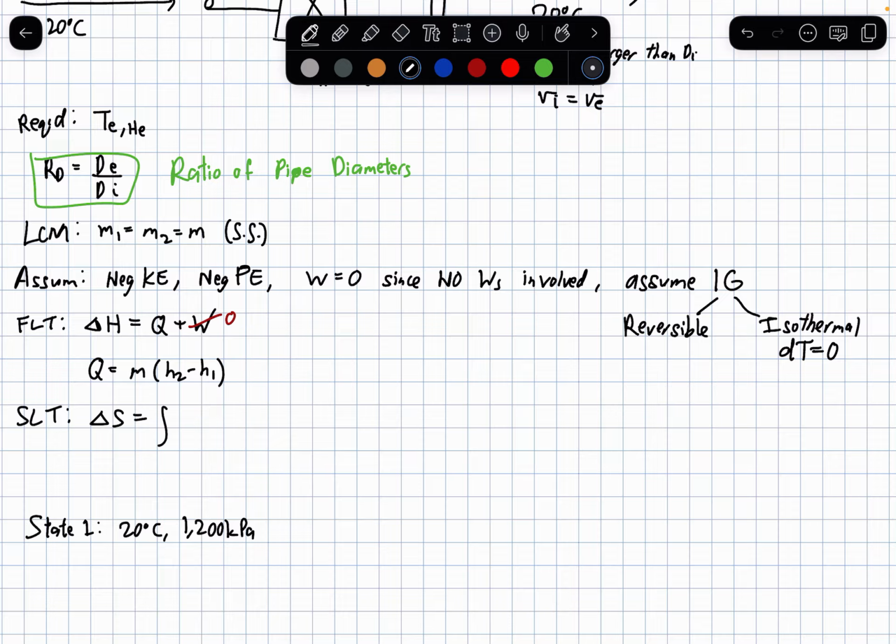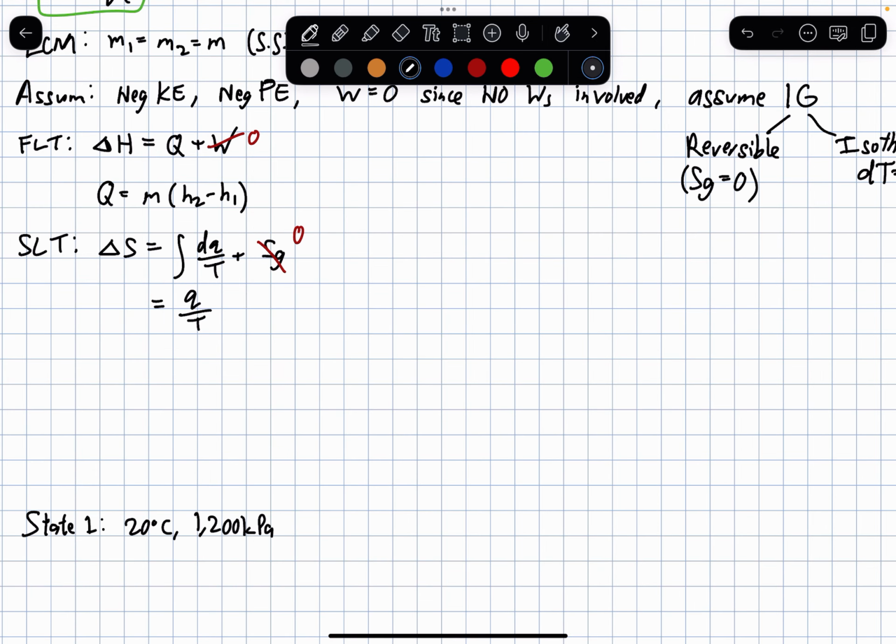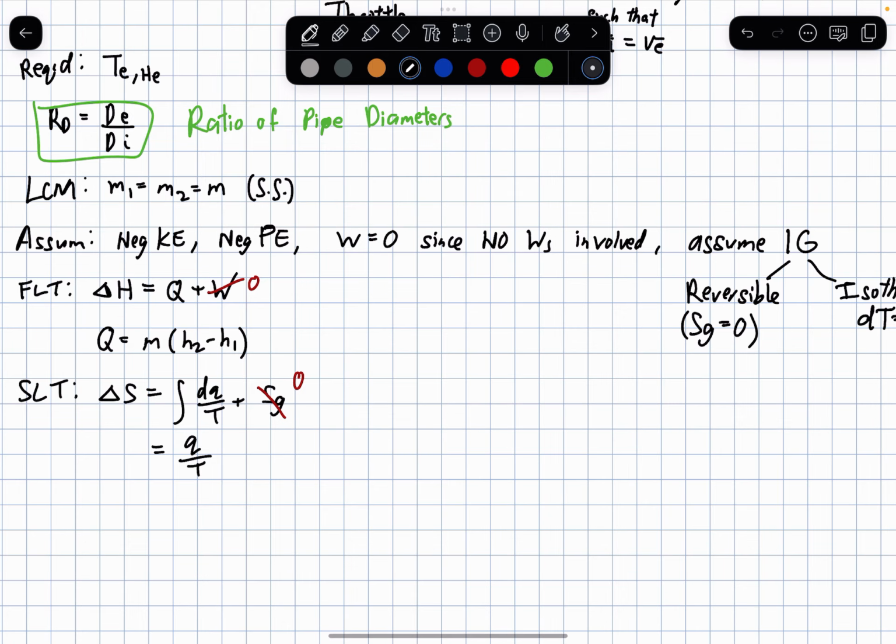SLT: delta S equals the integral of dQ over T plus S gen. Q over T plus S gen. Q, we don't know. Entropy generation is 0. Here, Sgen equals 0, no? There is no entropy generation in a reversible process by virtue of the second law of thermodynamics.